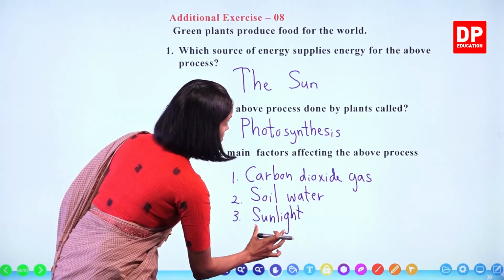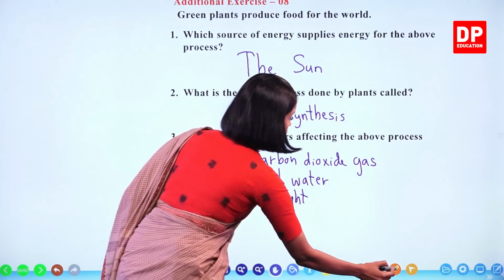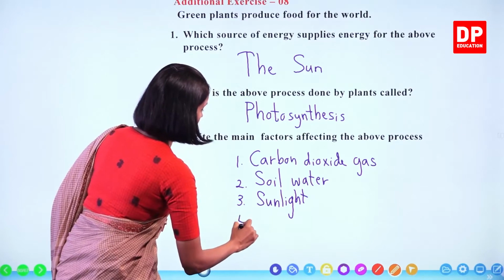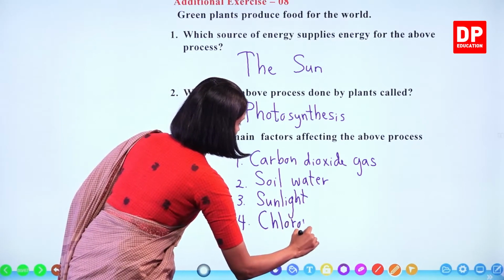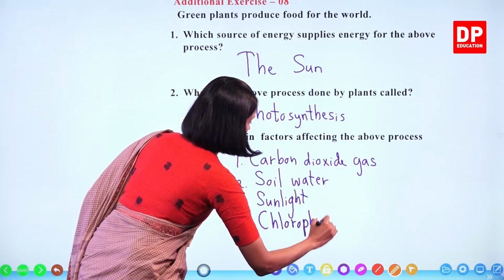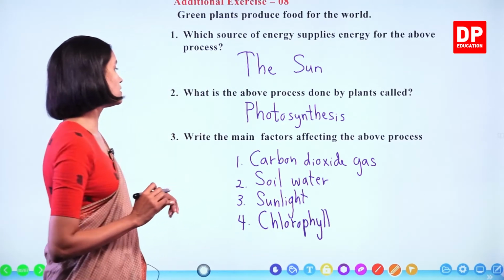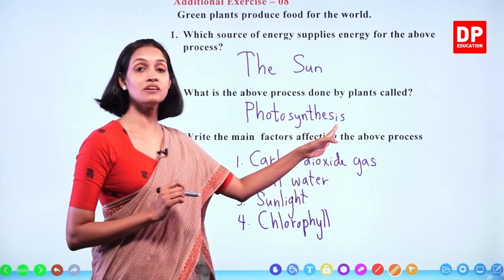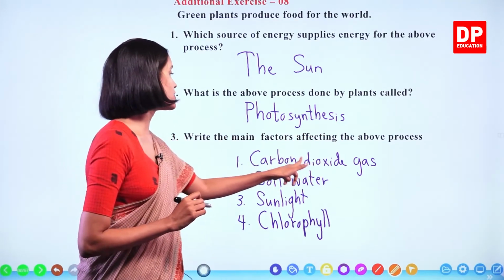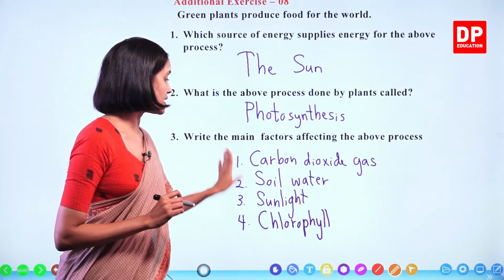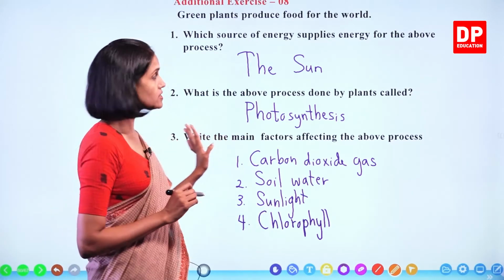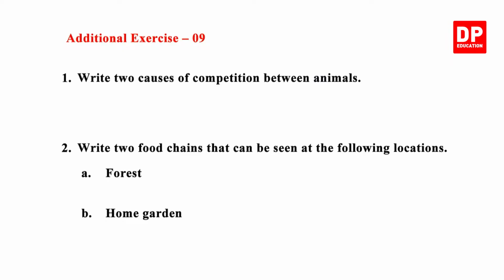Number 4, chlorophyll. So the green color pigment in the plants. The main factors affecting the above process: carbon dioxide gas in the air, soil water, sunlight, chlorophyll. Right? We'll move on to the next.